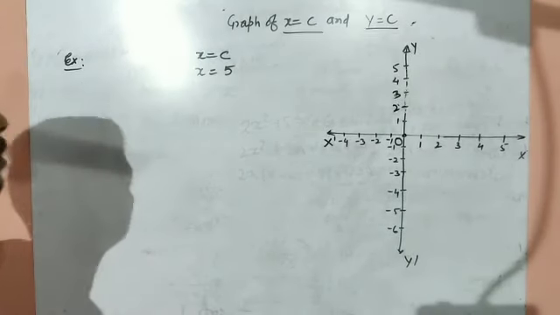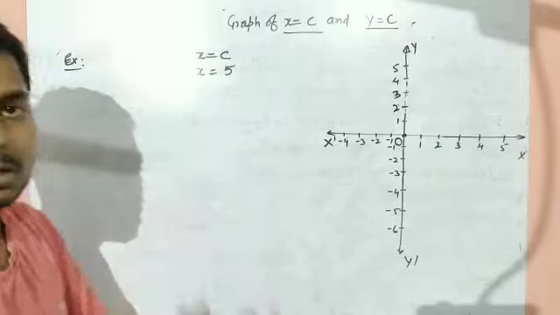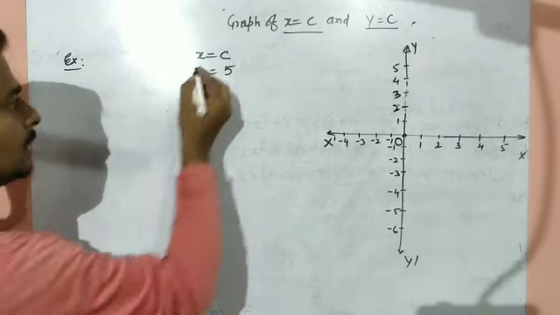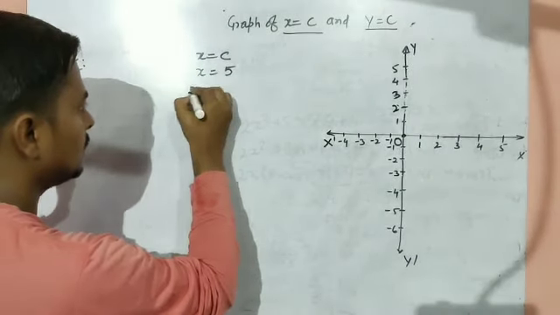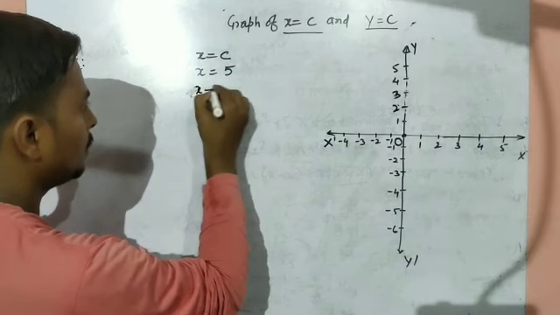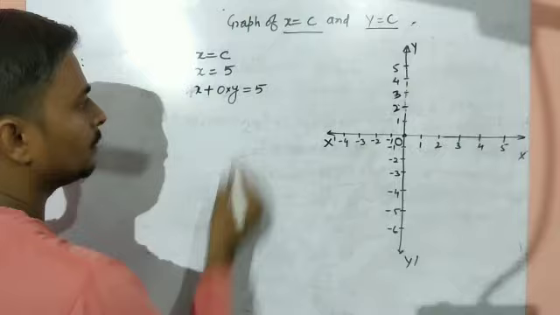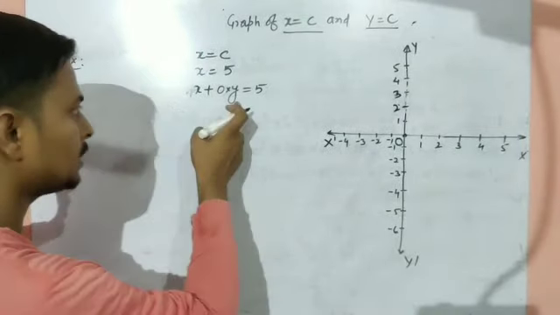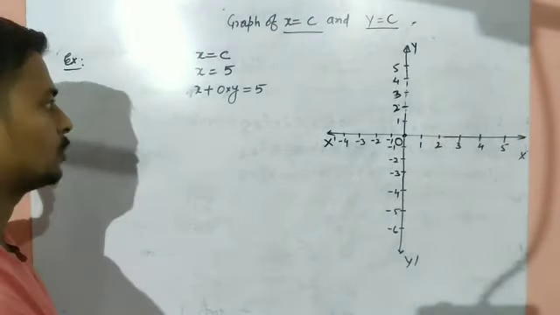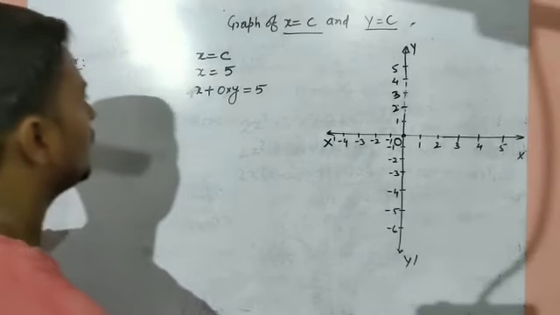Is this a linear equation in 2 variables? Yes, it is, because this can be written as x plus 0 into y is equal to 5. Now easily, the coefficient of y is 0. So this is a linear equation in 2 variables.